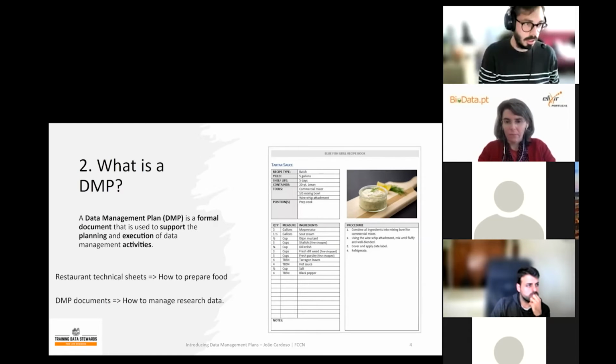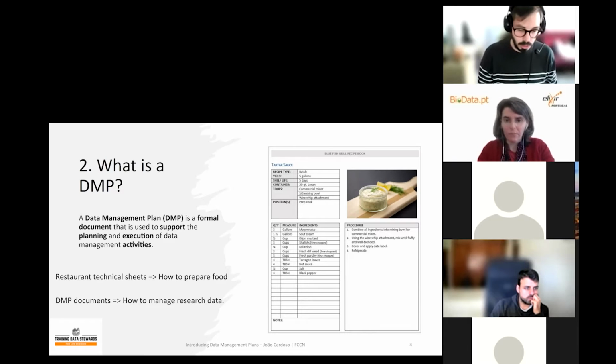I'll hammer the concept of DMPs, and in Portuguese they would be called Planos de Gestão de Dados, PGDs. We'll keep to English, so it's data management plan for me. And the data management plans are documents that are used to support planning and the execution of data management activities. And they are formally expressed.